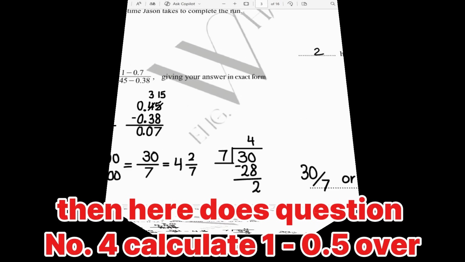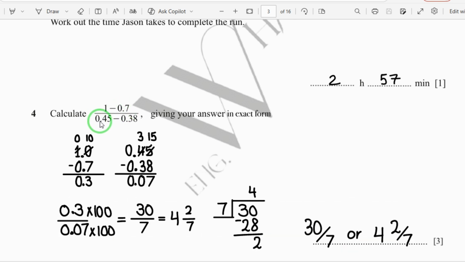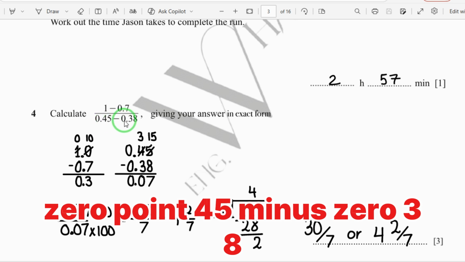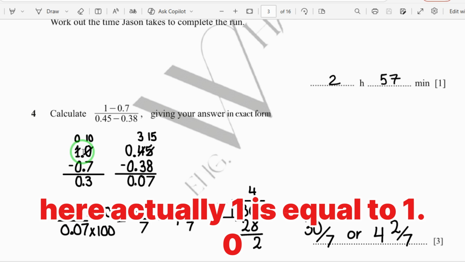Then question number 4. Calculate 1 minus 0.5 over 0.45 minus 0.38. First we subtract 0.5 from 1. Actually 1 is equal to 1.0.